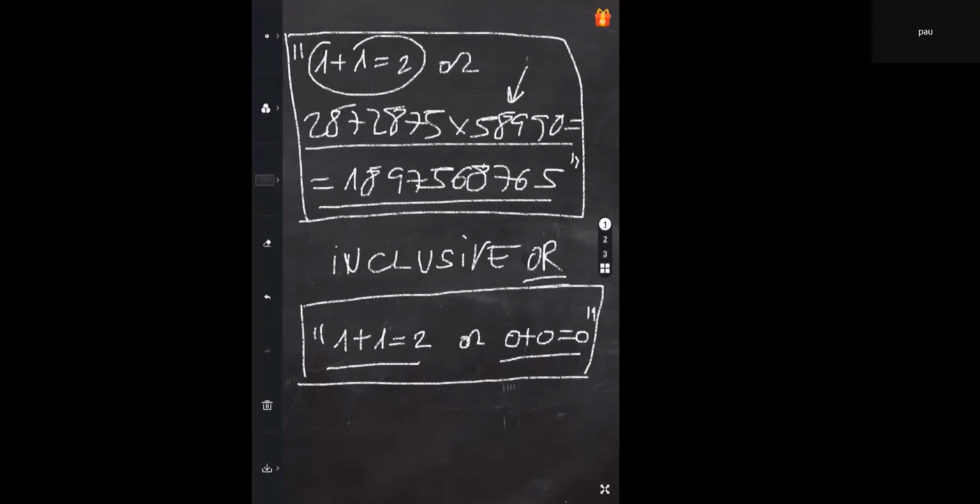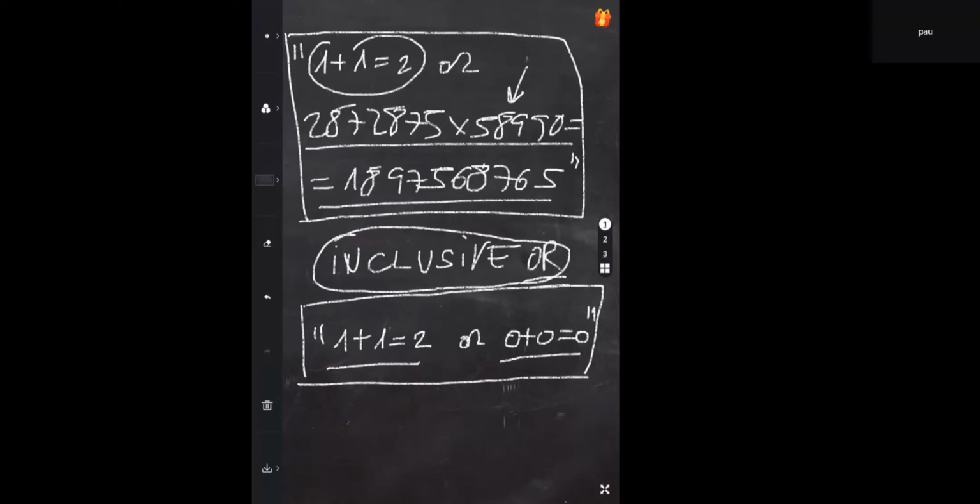Or, and again, I'm just reading aloud what Tao has in his book, exactly one of X or Y is true. Okay? But it is true that in mathematics, this is what is dominating the disjunctions or logic.